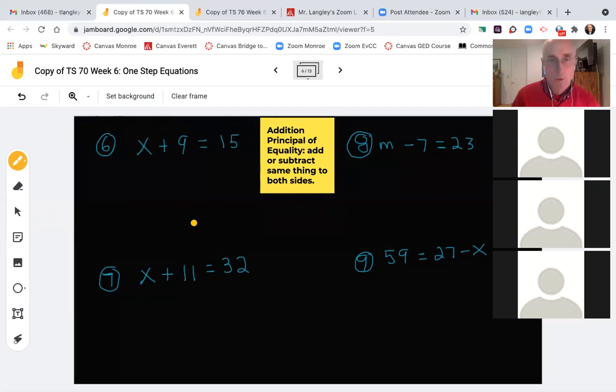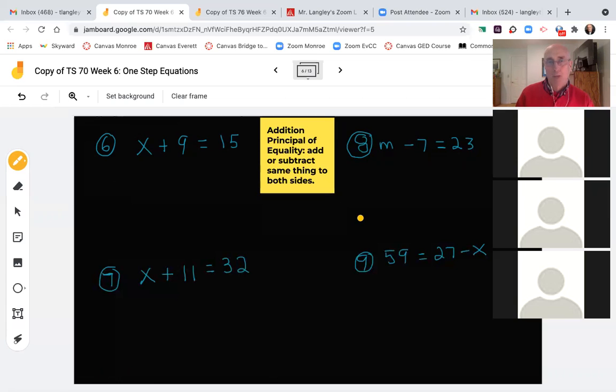A couple of important concepts when we're solving one-step algebraic equations: you're trying to get x. You're always trying to get the variable, like in this case it's x. In number 7, it's x. In number 8, the variable, the letter, is m, so we're solving for m. And then there's x again. So it can be A, B, C, or D. You're always trying to get whatever that letter is by itself.